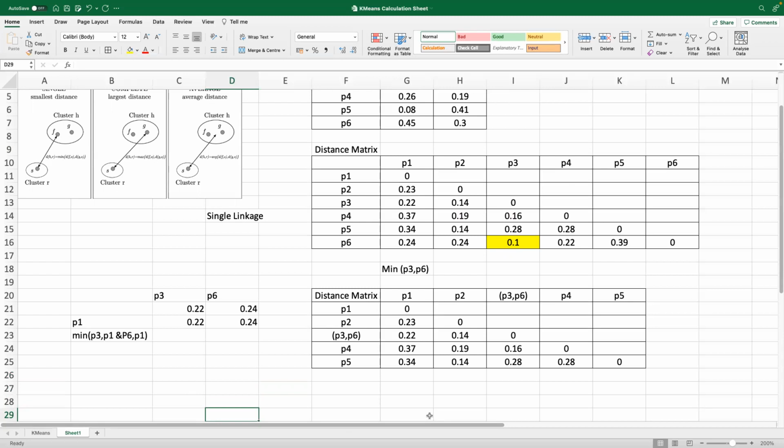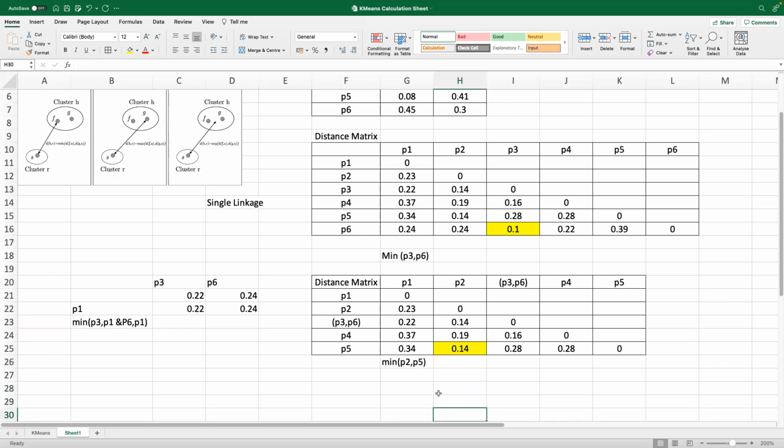P2 to P5 is the lowest. So min is P2, comma P5. We will ignore that 0.14 because this is already coupled into one. So the minimum distance is P2 to P5.